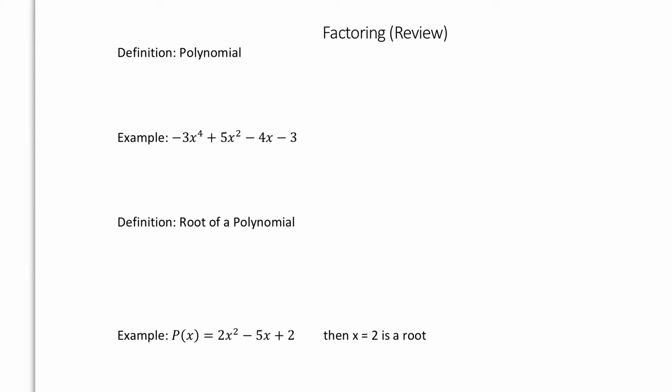This is an example polynomial, and to give it a definition, a polynomial is just a bunch of terms, maybe a_n x^n plus a_(n-1) x^(n-1), plus all the way down until you get to maybe a_2 x^2, a_1 x, and then a_0.